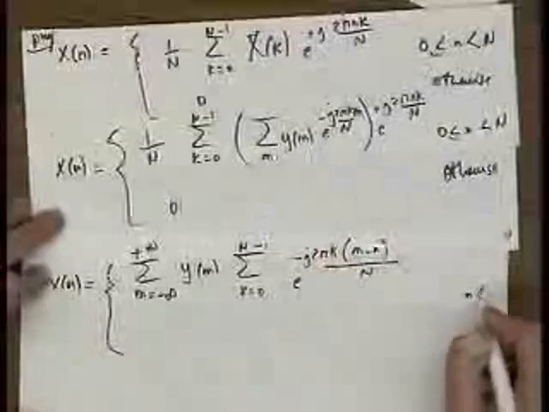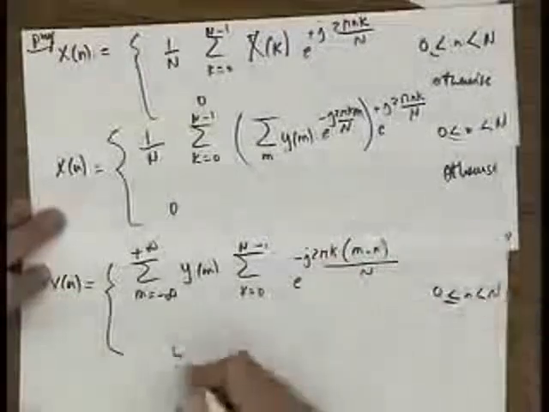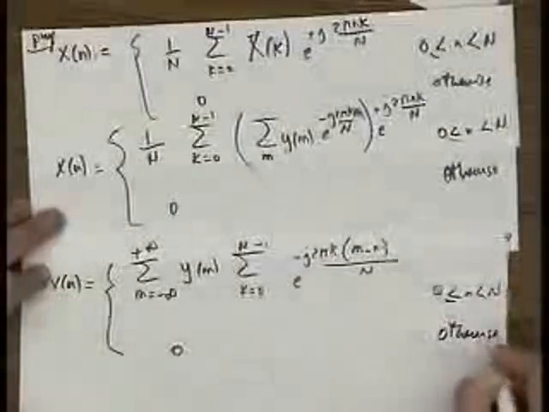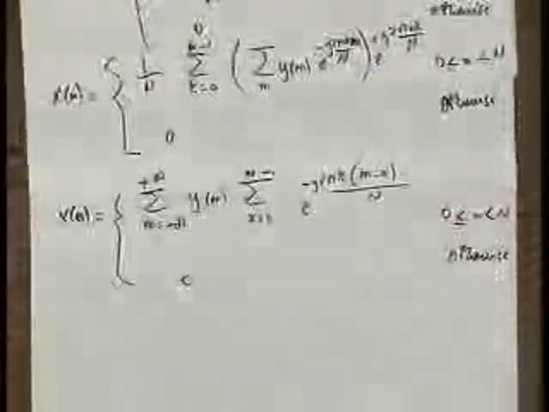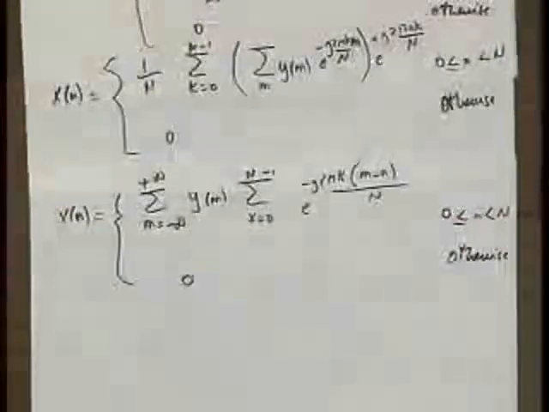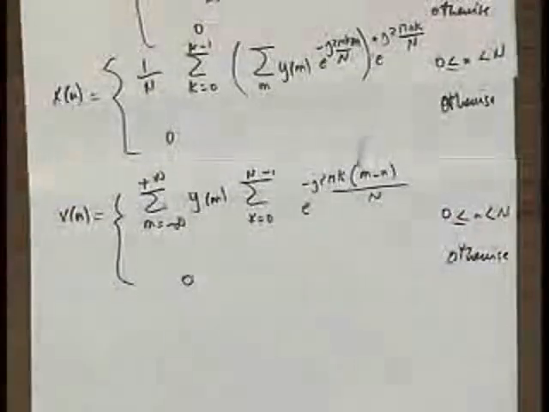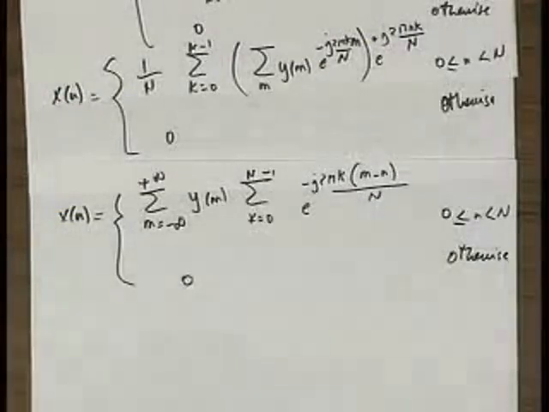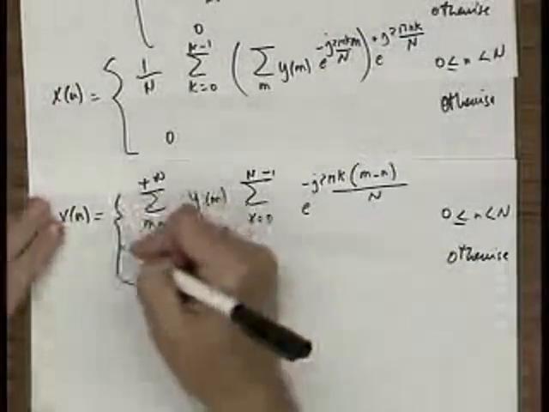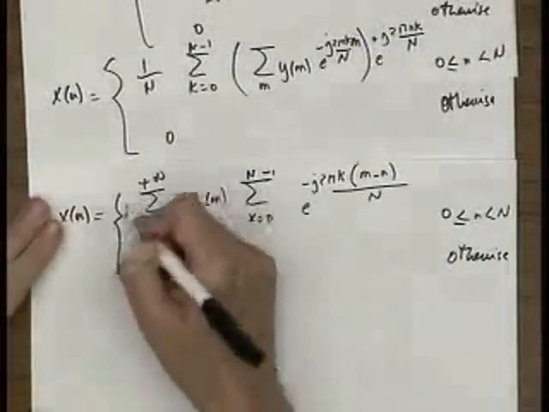Again, for n smaller than n, and 0, and then 0 otherwise. Question? Are we missing the 1 over n factor? Oh, I forgot again. Yeah.